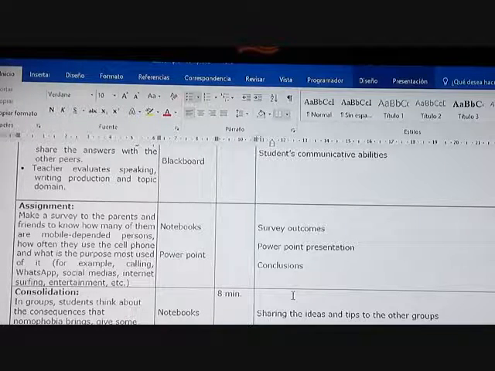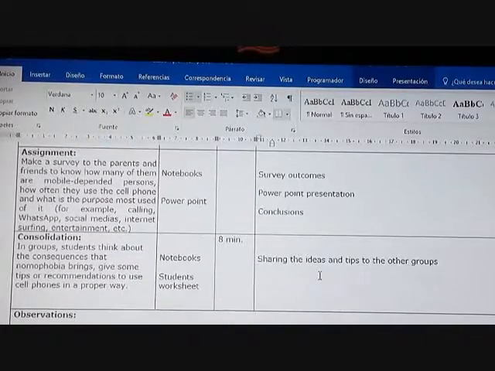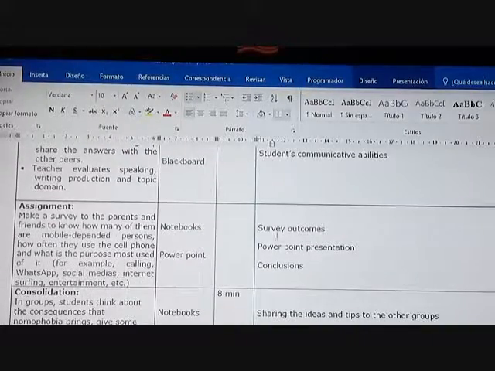For example, calling, WhatsApp, social media, internet surfing, entertainment, etc. The resources used are the PowerPoint presentation, and they share the survey outcomes.